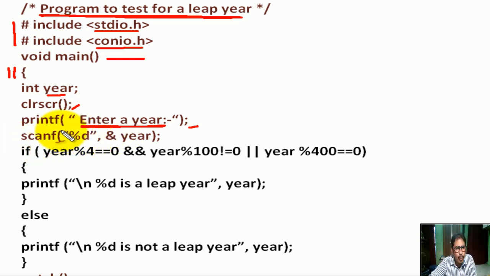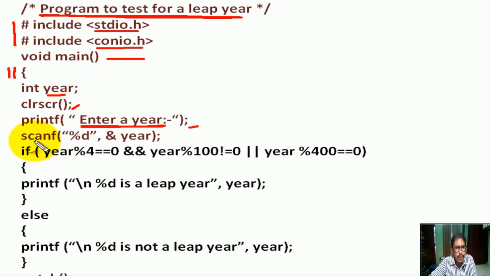Next, scanf within bracket within double quotation %d comma ampersand year, bracket end, semicolon.